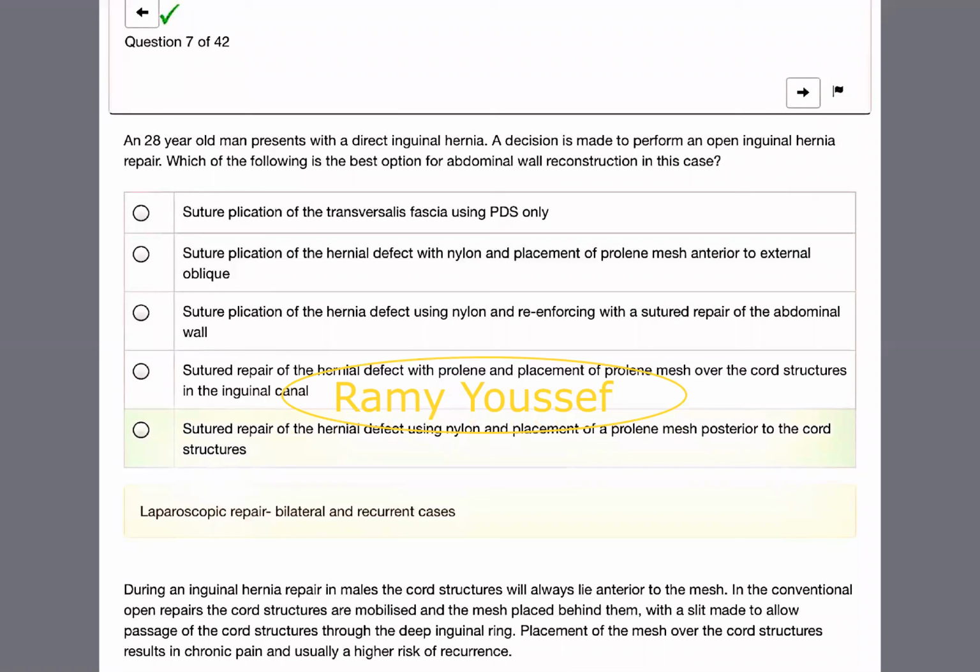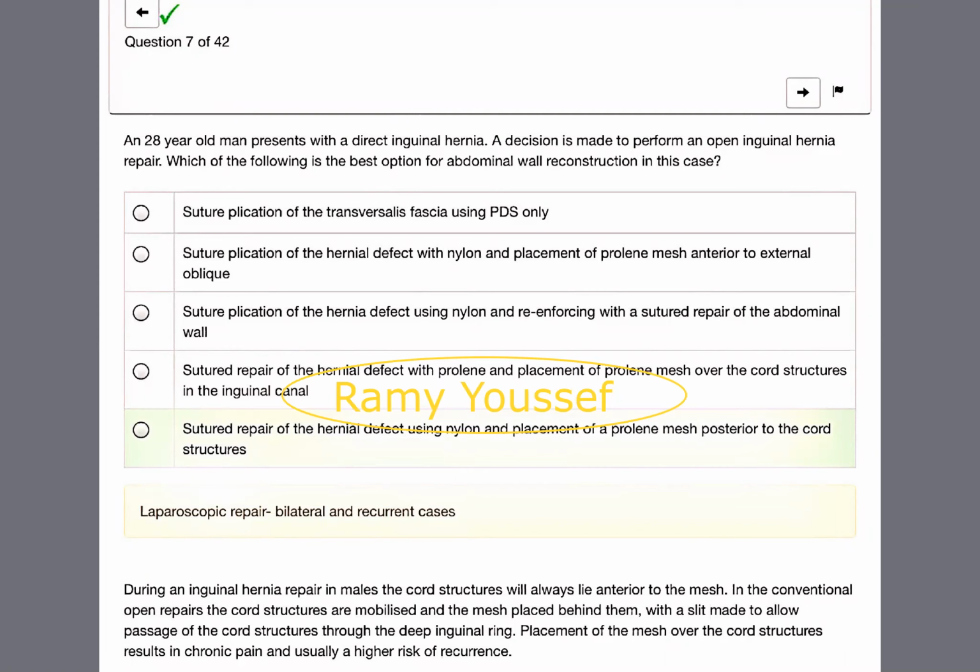The mesh options we have are just B, D, and E. In B, the mesh will be placed anterior to the external oblique, and this is wrong. This is the muscle anterior to the cord, and this is what we split to repair the hernia. We don't put it subcutaneous.